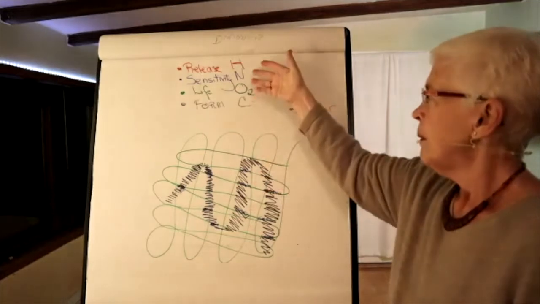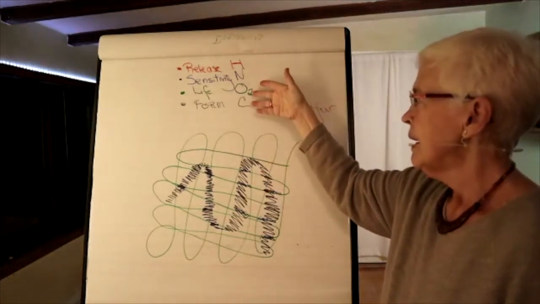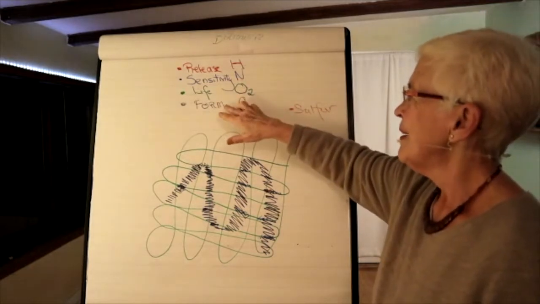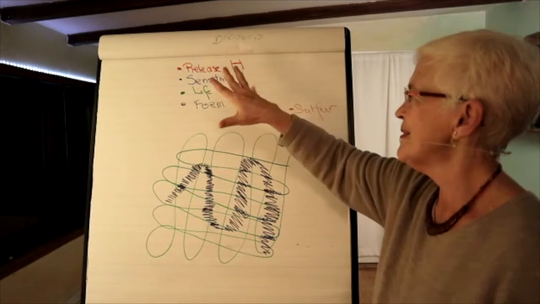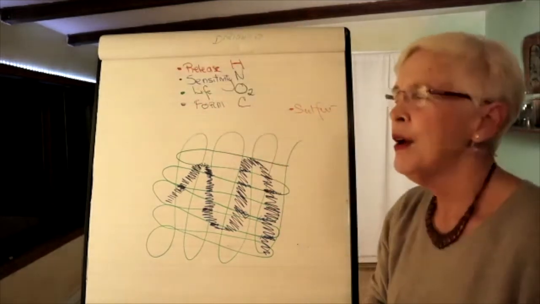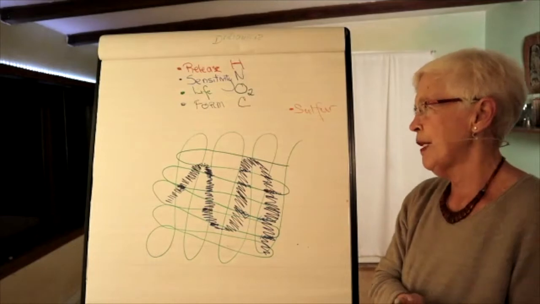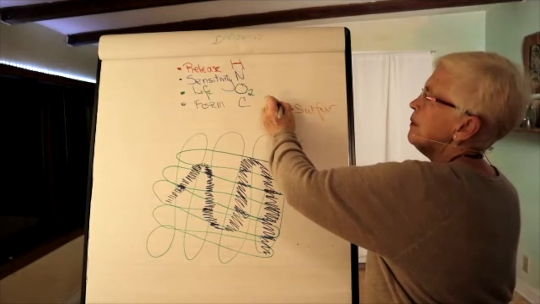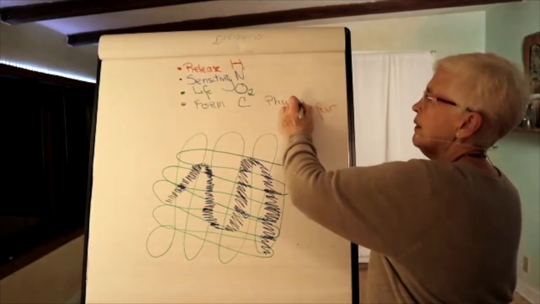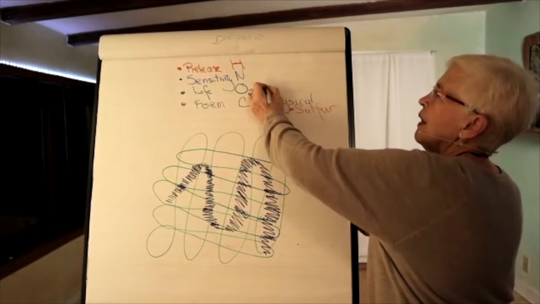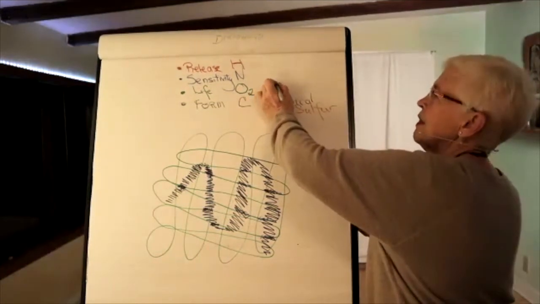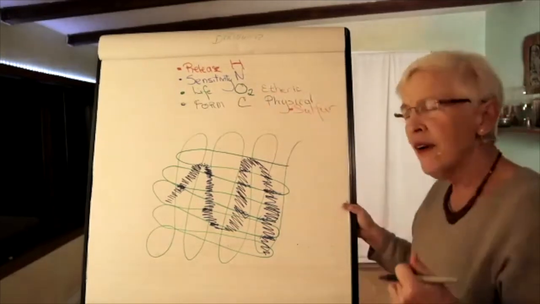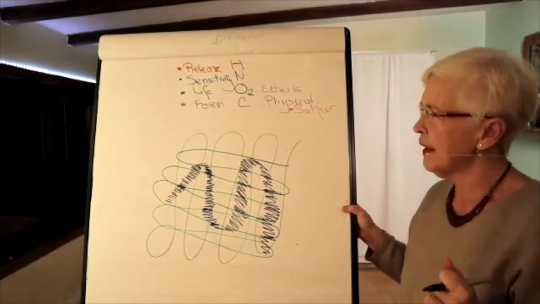Because we human beings have, well, first of all, these carbon, oxygen, nitrogen, hydrogen are pointing to the four kingdoms of nature. They're pointing to the physical, the rocks and the minerals. They're pointing to the etheric. So the oxygen is the carrier of the etheric in the world, the carrier of life.